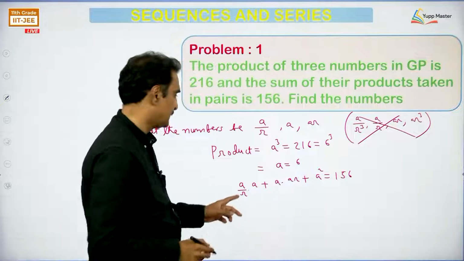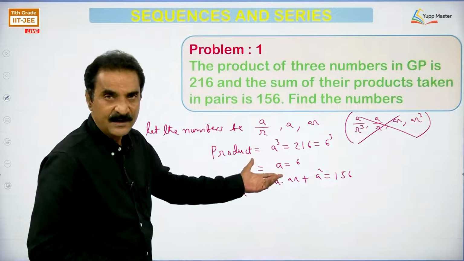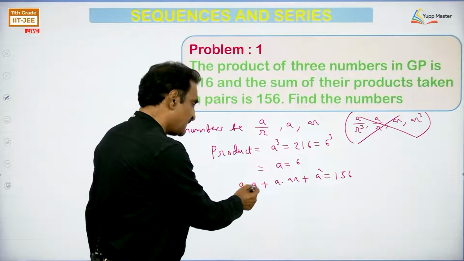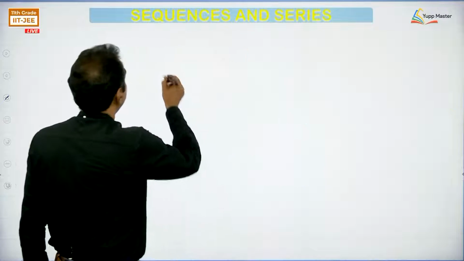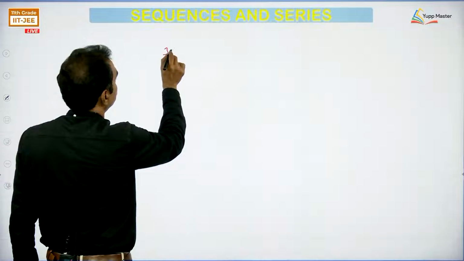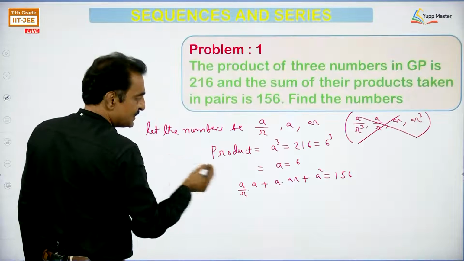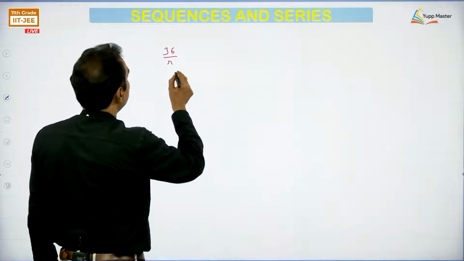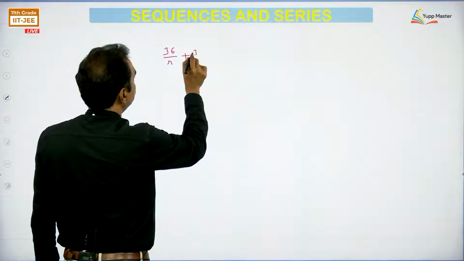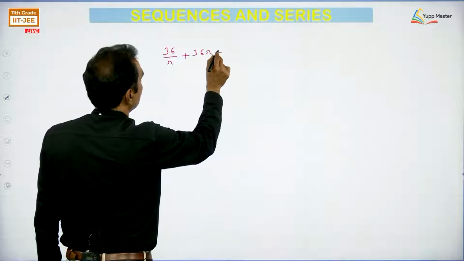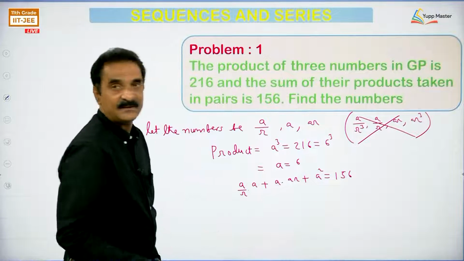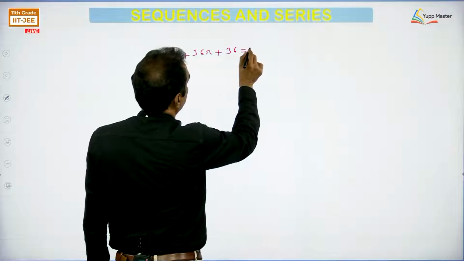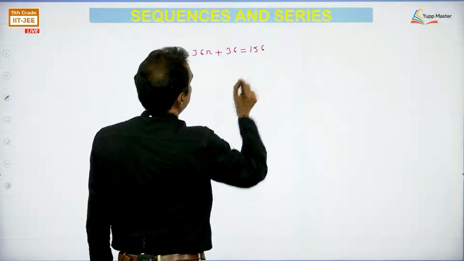is 156. Now, we already got the value of a, so substitute: a square is 36 by r, next plus a square into r, 36r, plus a square, 36, is equal to 156.